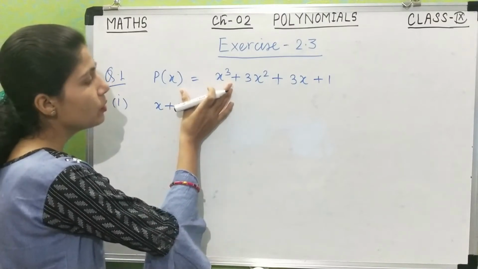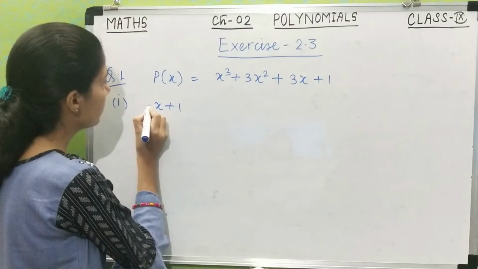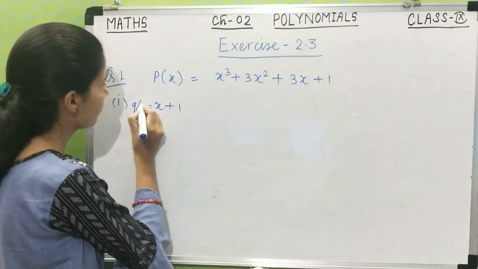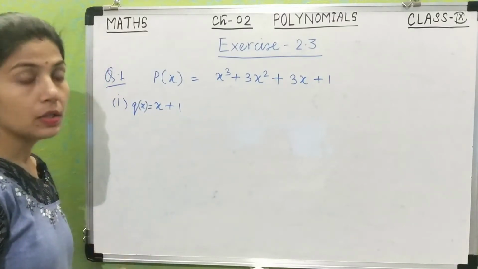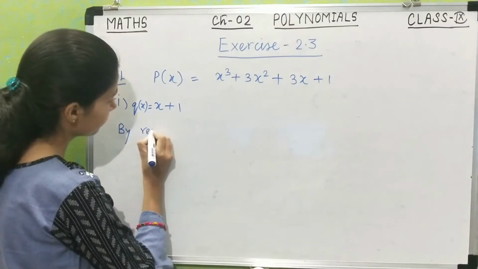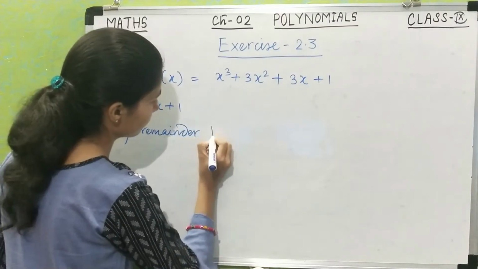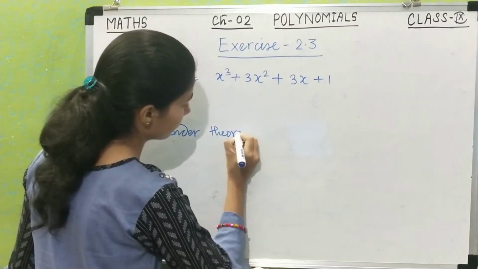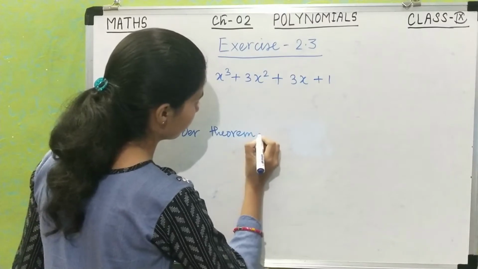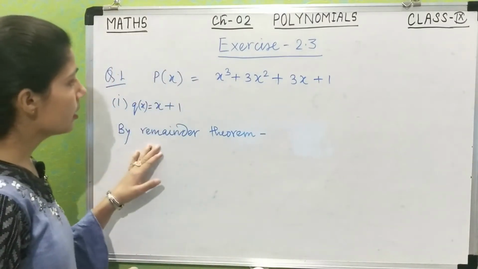So the polynomial is this and the divisor is this. Let's take it as qx. So by remainder theorem, what does it say?